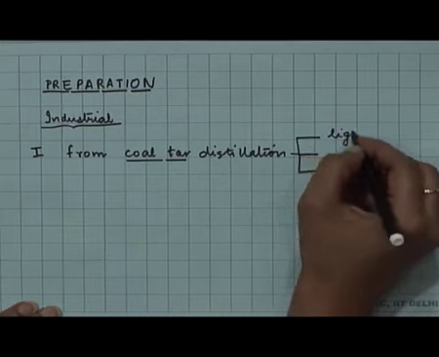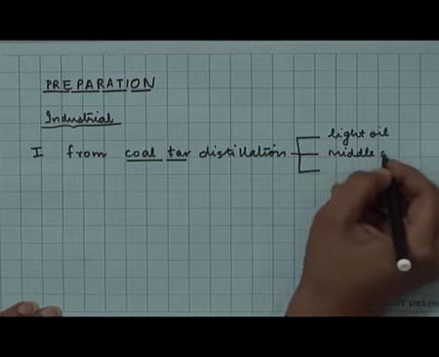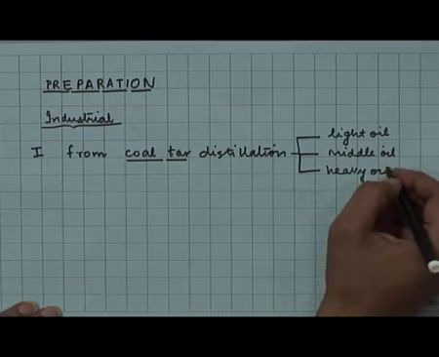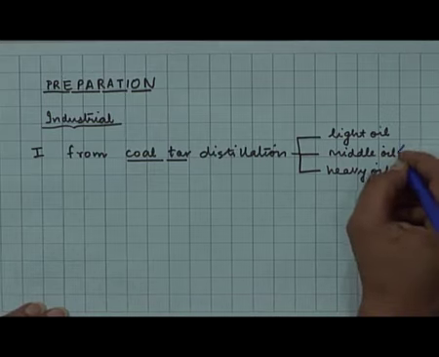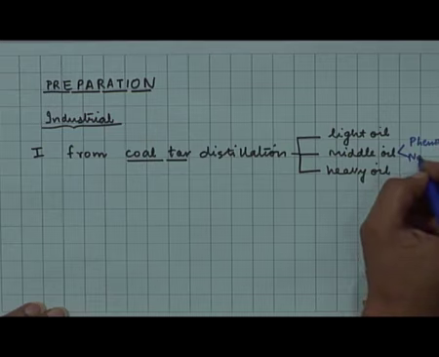We get the light oil, the middle oil and the heavy oil fractions from the coal tar distillation, and it is the middle oil fraction which comprises a mixture of phenols and naphthalene. Okay.